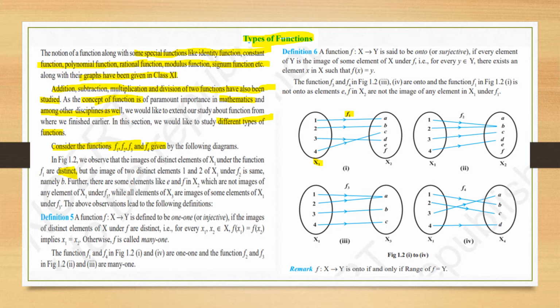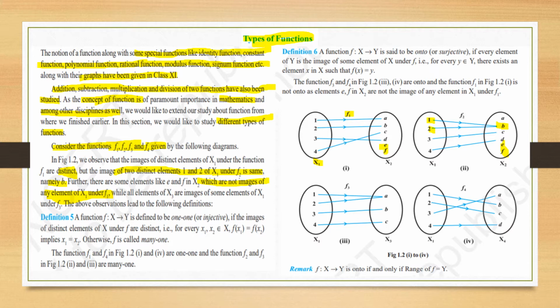And you can also see that for f2, two distinct elements 1 and 2, see from here, they have the same image B, okay? Further, there are some elements like E and F in x2 which are not having any image of any element of x1 under this f1, right?